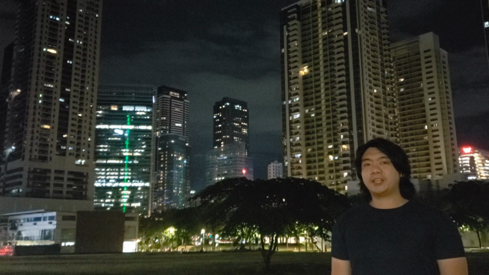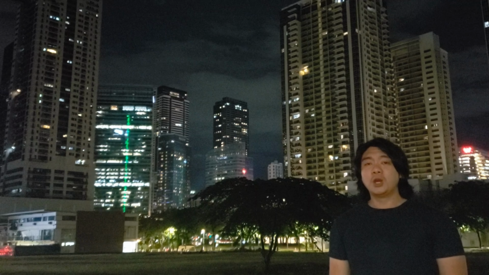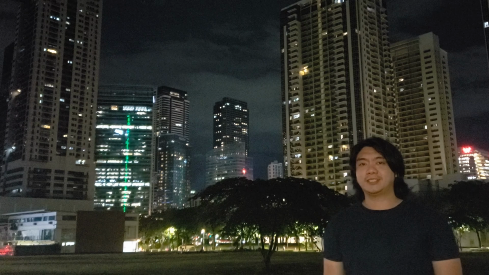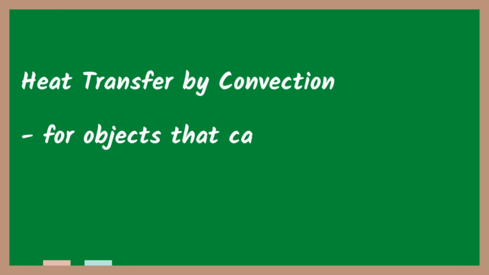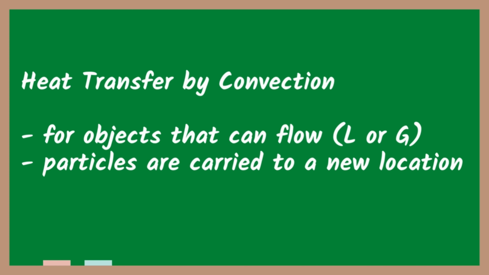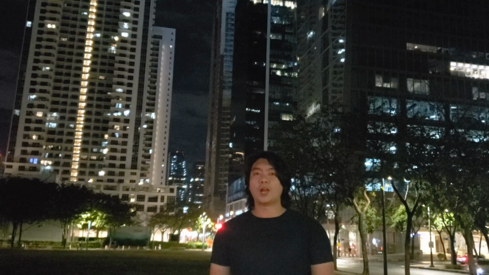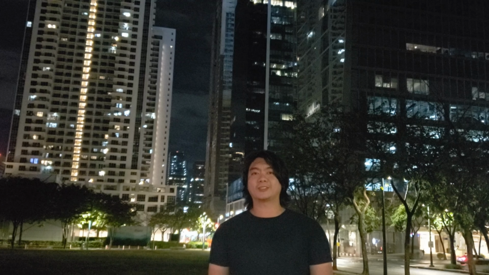The fast-moving particles are carried to a new location where they can release the energy. Warmer fluids are less dense, therefore it floats. Cooler fluids are more dense, therefore it sinks. This creates a circular pattern known as convection current.